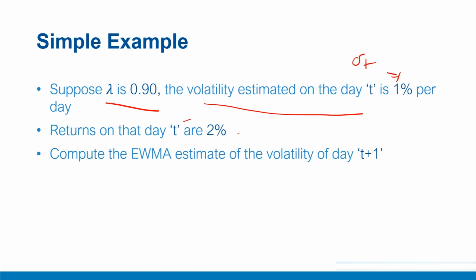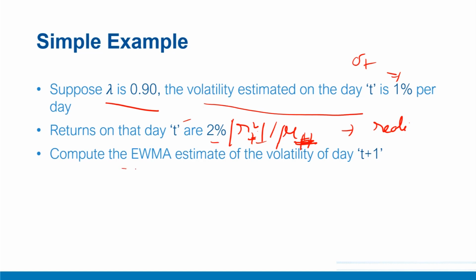The return on day t, that is r t, or the observed volatility or volatility innovation mu t, which is the square root of r t square, is 2%. You can also call it realized volatility or observed volatility on the given day t.